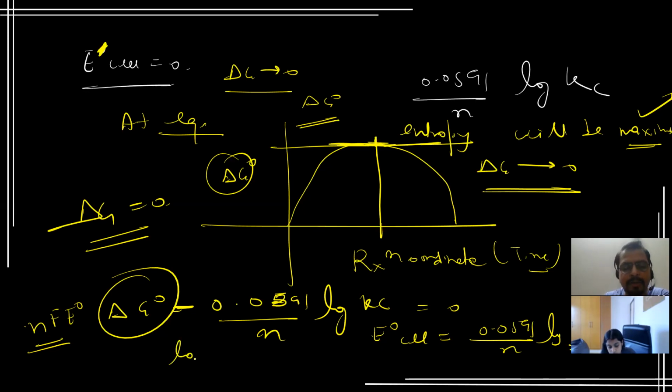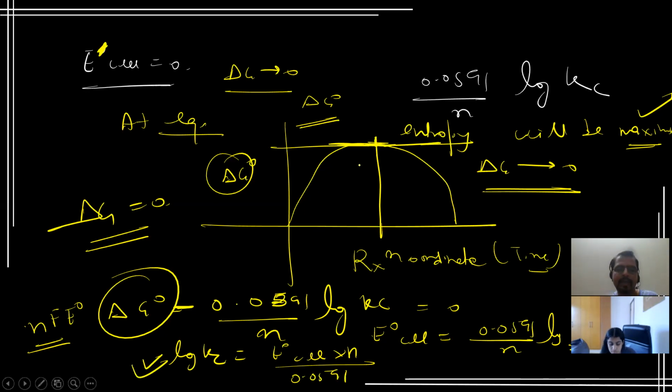So log Kc will be E naught cell into n upon 0.0591. This is the formula. From this graph, we can say delta G naught is not 0, delta G is 0. There is a little correction in the concept, that's all. So this is the right way. Have you got the whole formula?